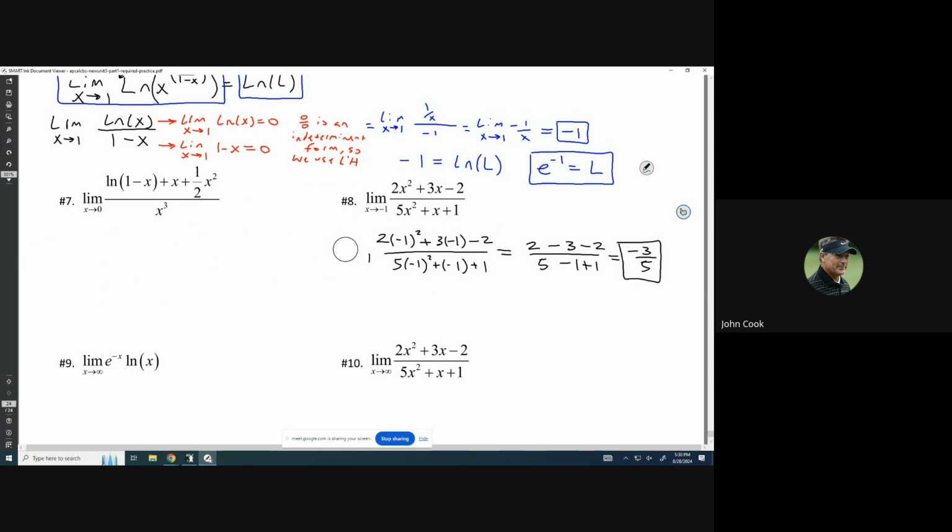But once I plug in -1, I don't have any x's, so there's no need for a limit. I'm just seeing what happens directly when I evaluate it at that point. So that's why it's a little bit different, why you don't need the limit notation any longer for this. It's because you plug it in. So you just need the limit stuff until you actually plug something in, okay? All right, so there's number 8.